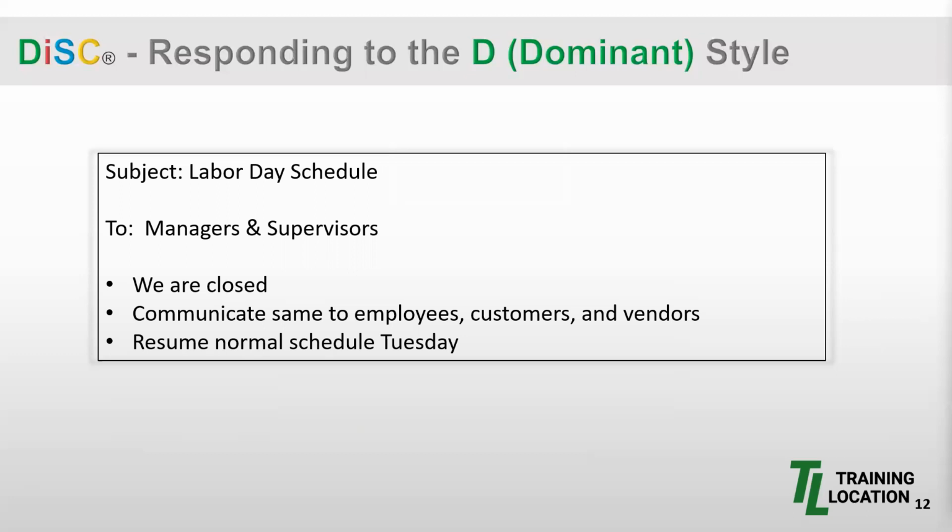Also, notice the bulleted format and the lack of signature at the bottom. So based on your knowledge of the DiSC model, you might begin to surmise you're dealing with a D. Your task is to get to the point as soon as possible. And that might even look like a "thanks" or "got it."